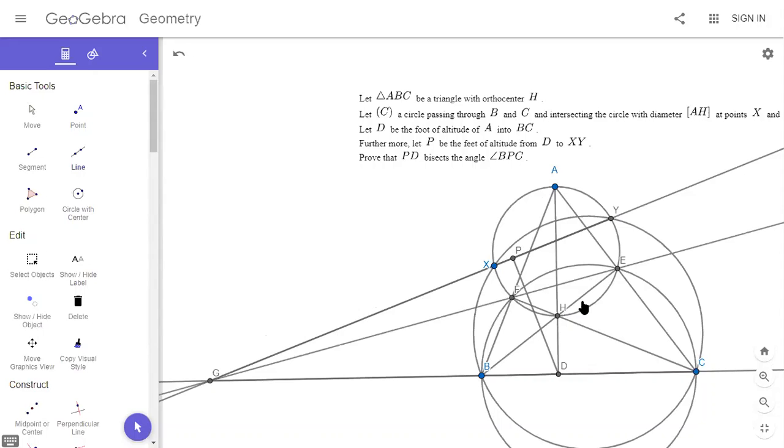And then that means, since AD, BE, and CF are concurrent at H, that B, C, D, and G are in harmonic conjugation. And so from there, the problem follows. I'm sorry, that was a little fast, but that was a fast proof. So in fact, I think we solved this one.